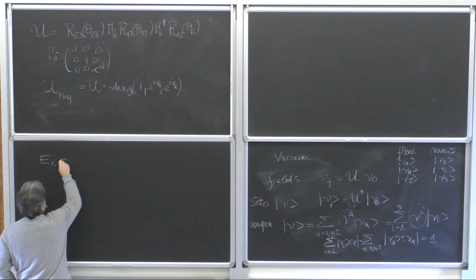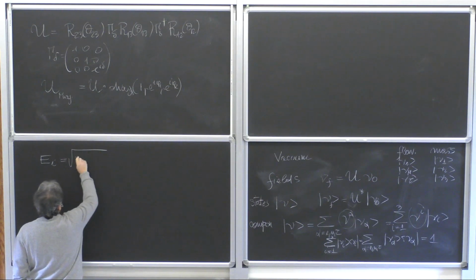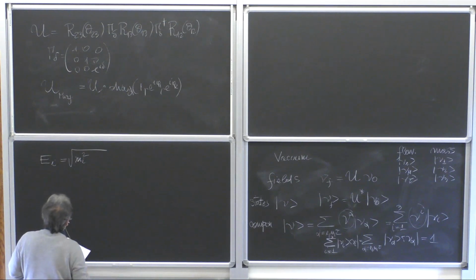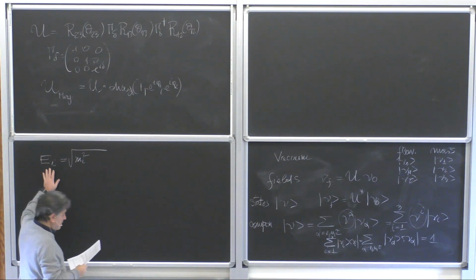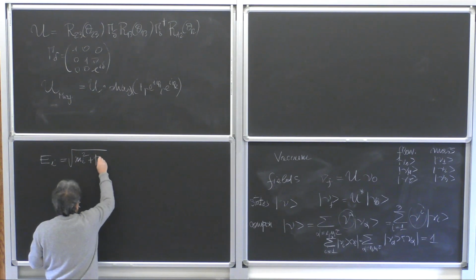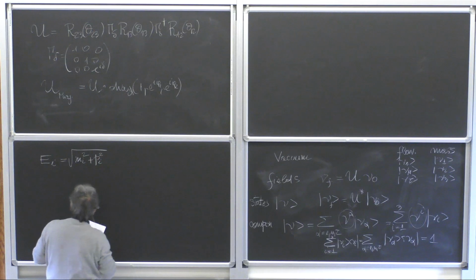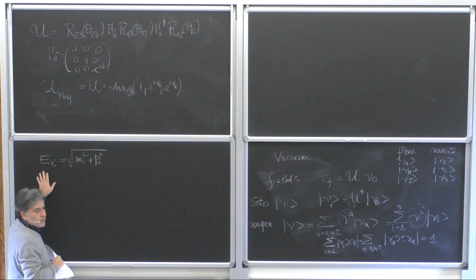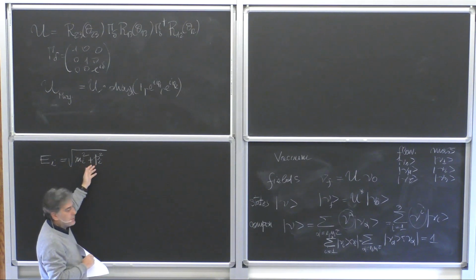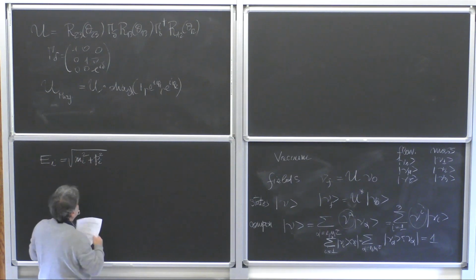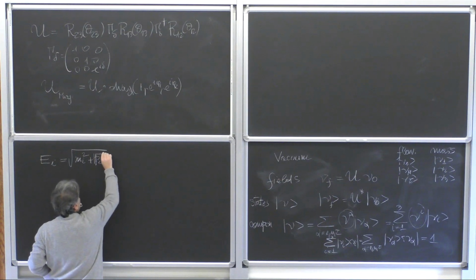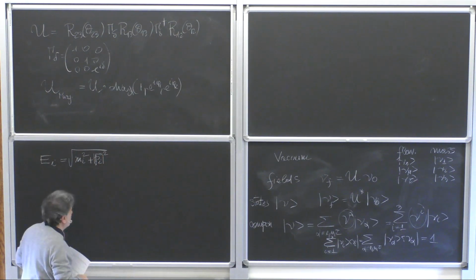So the neutrino energy. Consider a mass eigenstate. The energy of this neutrino mass eigenstate is the square root of the sum of the mass squared of the neutrino and the modulus of the 3 momentum squared.